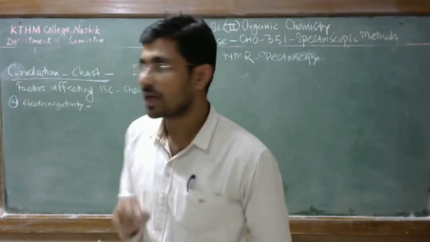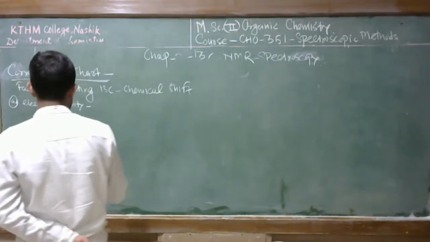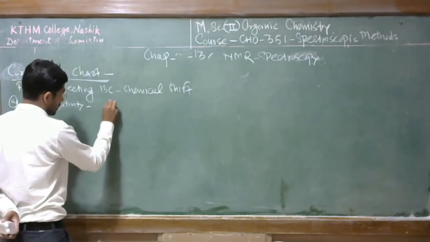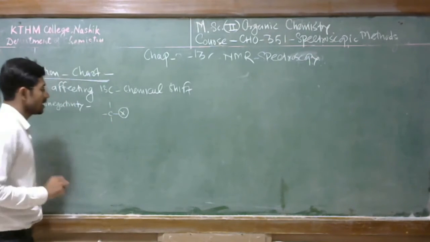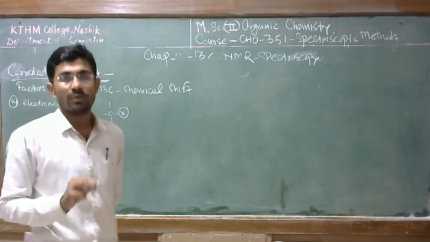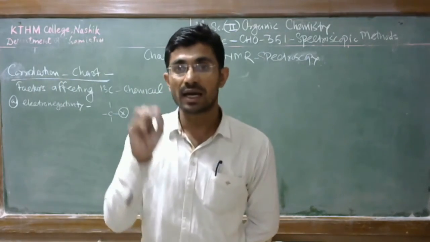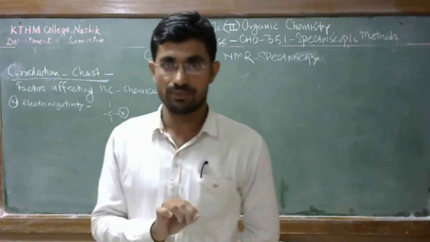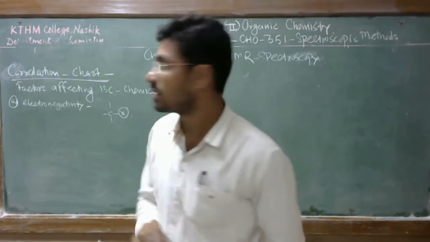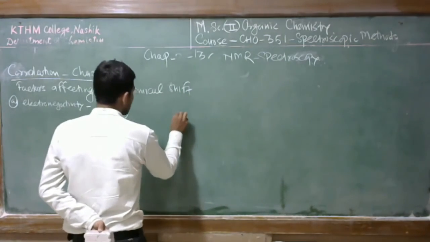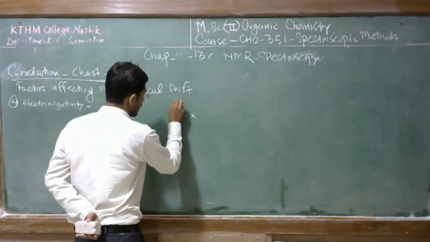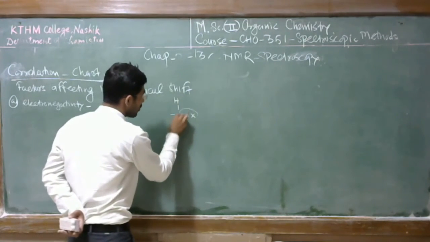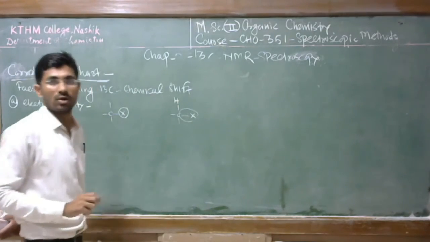Here, when any electronegative element, suppose group X, is attached to the carbon, this electronegative element is directly attached to the carbon. But in 1H NMR, the electronegative element is attached to the carbon, not to the protons.